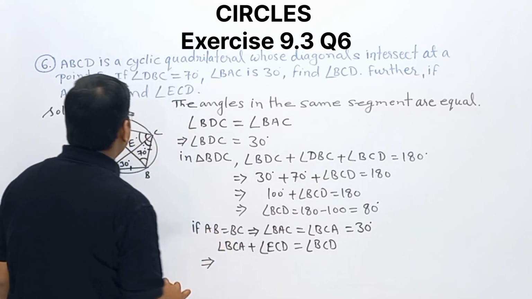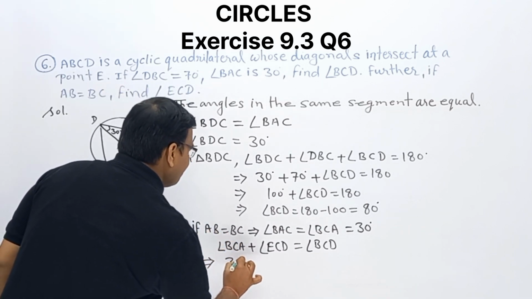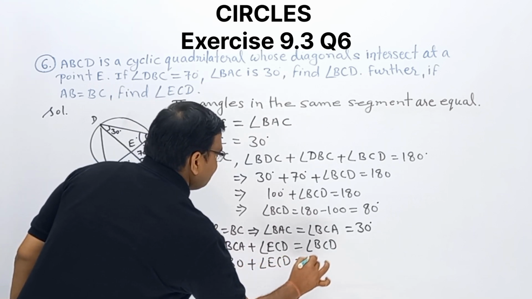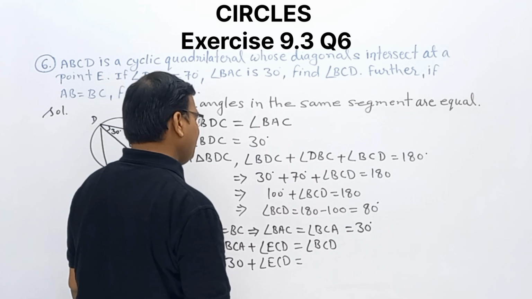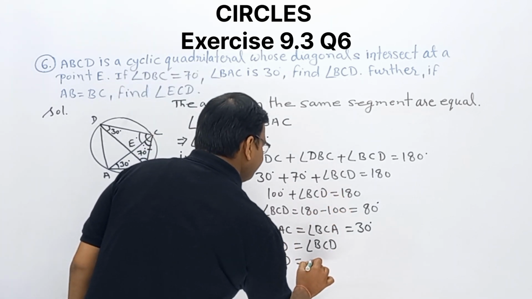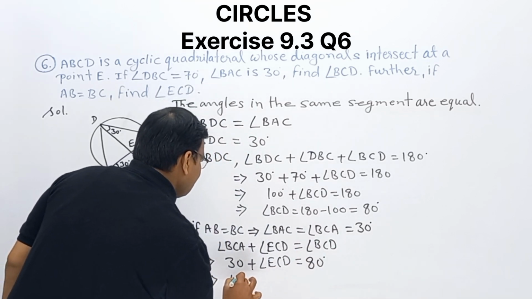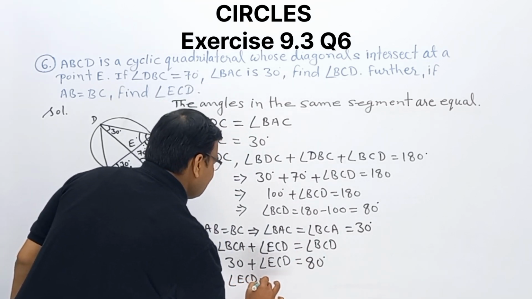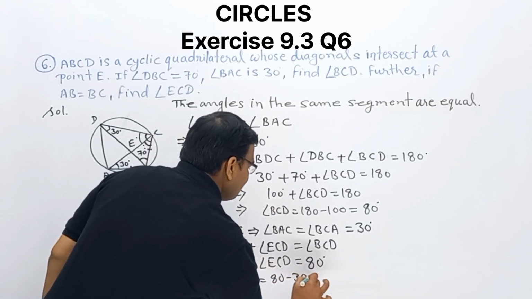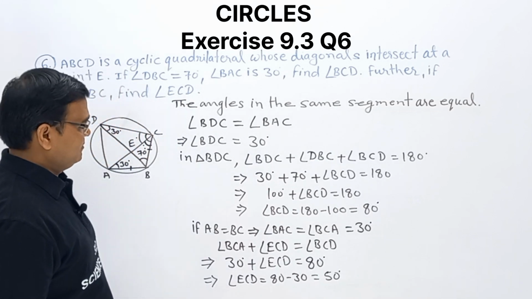Putting the values, BCA equals 30 degree plus angle ECD we want, and both will be equal to angle BCD, and this we obtained as 80 degree. Solve for angle ECD, and this will be 80 minus 30 degree, we are getting 50 degree, and this is the required answer for the second one.